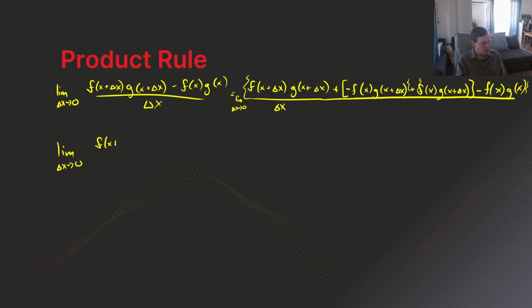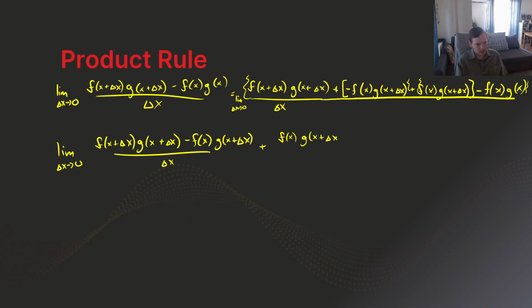So f of x plus delta x times g of x plus delta x minus f of x times g of x plus delta x all over delta x. And then plus, like I said, I'm going to do those last two together. So that's f of x, g of x plus delta x minus f of x, g of x.